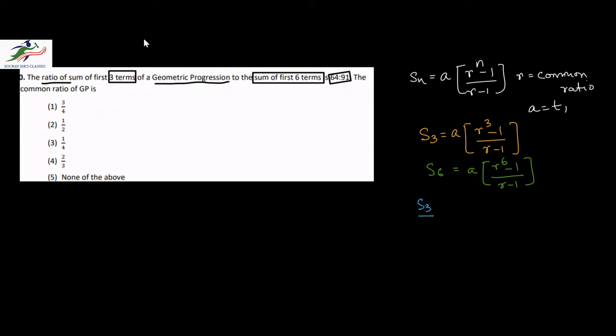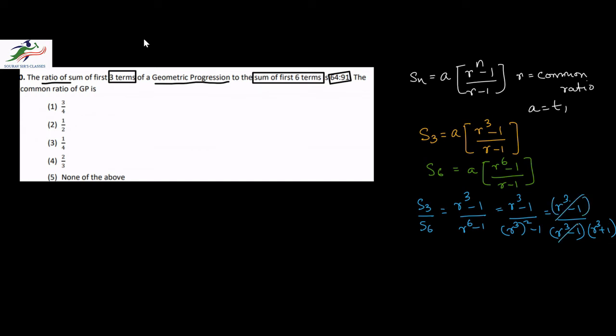And if we take the ratios of these two, we will get S3 by S6 is equal to r to the power 3 minus 1 by r to the power 6 minus 1. Now this can be written as r to the power 3 minus 1 by r to the power 3 whole square minus 1, which is r to the power 3 minus 1 by r to the power 3 minus 1 into r to the power 3 plus 1.